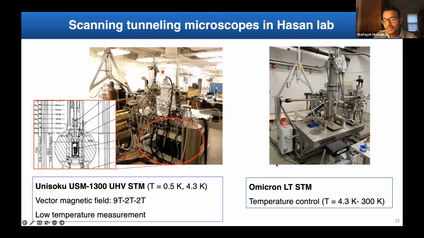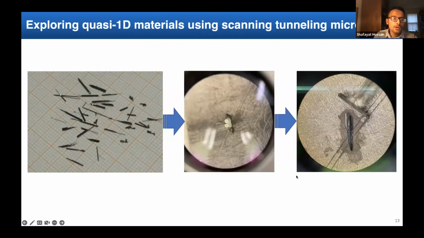We also have another STM, which is good at high temperature, so we can control temperature very precisely. It's from Omicron, and we can go up to room temperature in this system. We explored these quasi-1D materials in these two STMs, depending on what we want to do. For example, for temperature dependence we choose one STM, for field dependence, another.